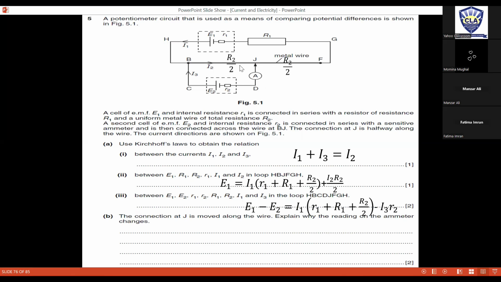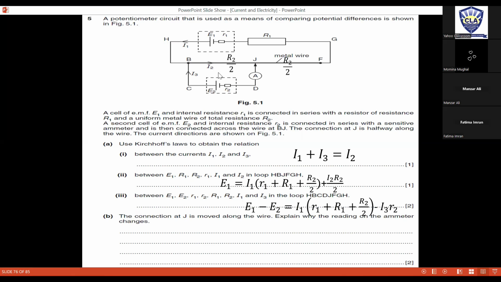But if we change the position of J, the potential difference BJ will change, and the potential difference between the 2 points will also change. Therefore, the current will also change, and the ammeter reading will also change. So the logic is that BJ is the voltage that is part of the total EMF.